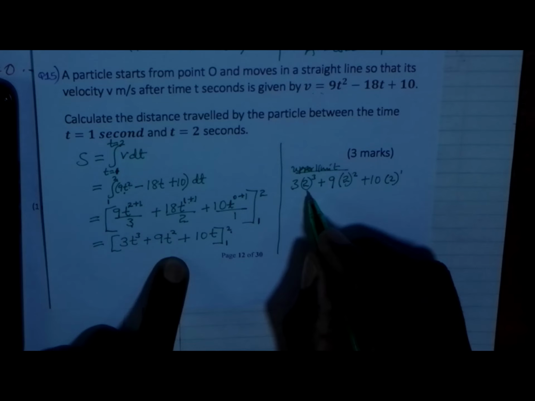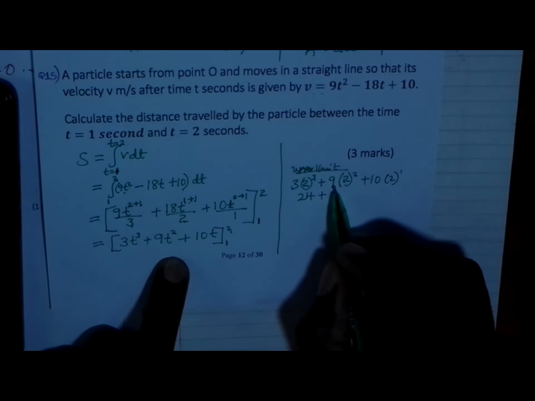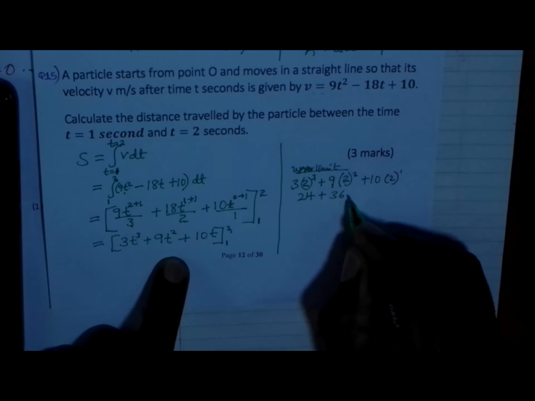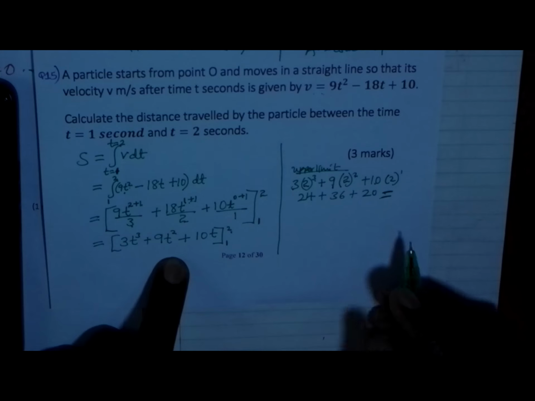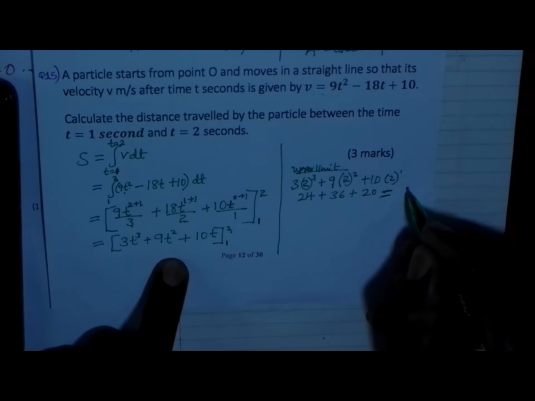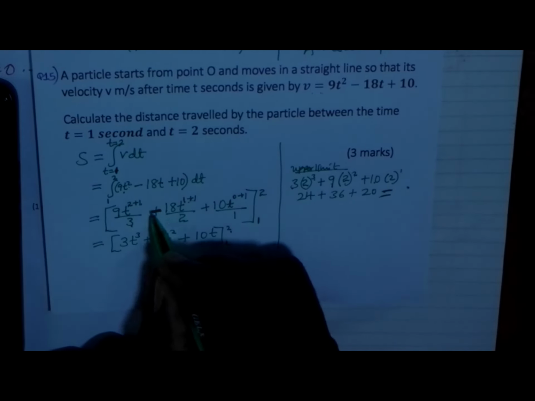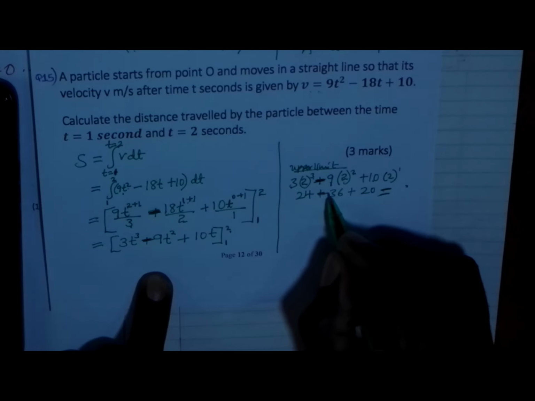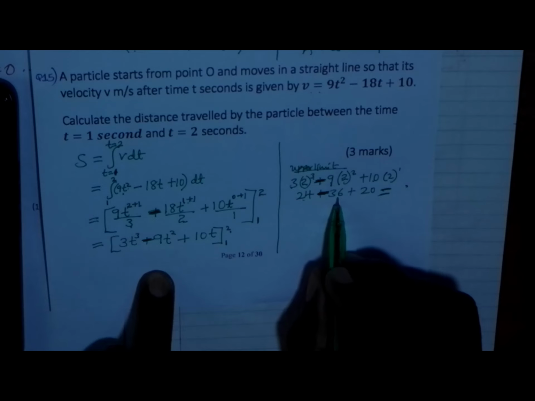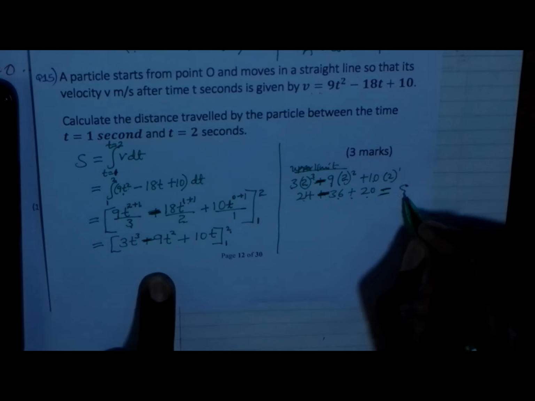So this is 3 times 2 cubed, this is 24, minus 9 times 4, 36, plus 20. If you work this out, you should get 24 minus 36 plus 20, so we are going to get 8.